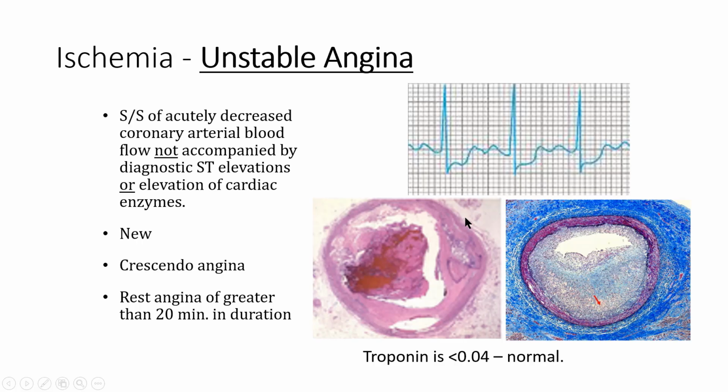Something is keeping that clot at bay sufficiently that the patient is not infarcting, but the patient is demonstrating symptoms at rest or with very limited levels of activity. Again, this is a kind of patient who, because of the unstable angina, is best evaluated in the hospital setting, quite possibly with consultation of cardiology.